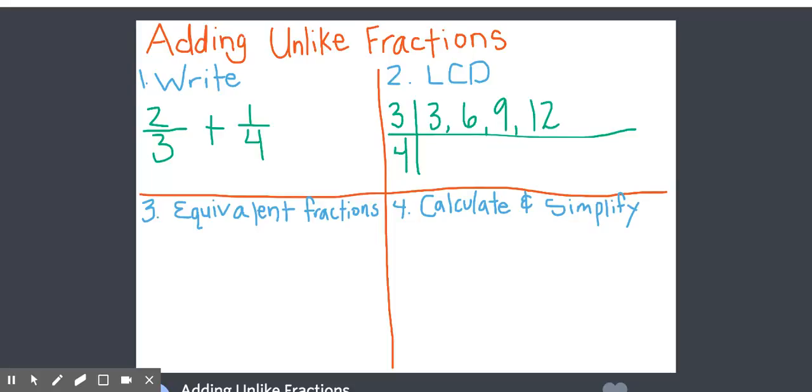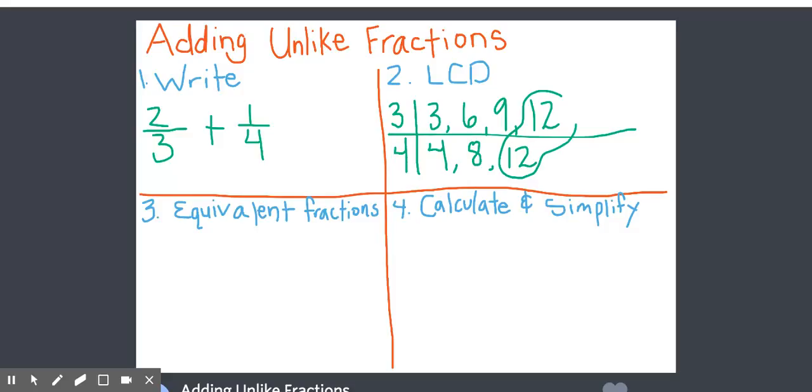And I'm going to go ahead and stop because I just know that 4 is also going to be able to go into the 12. So 4 times 1 is 4, 4 times 2 is 8, and 4 times 3 is 12.